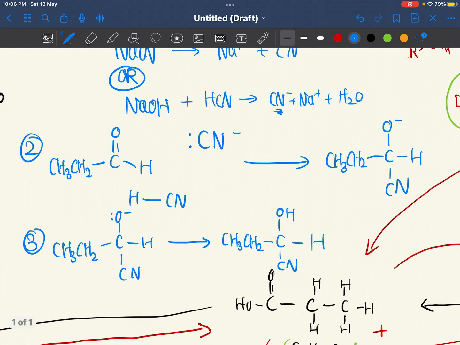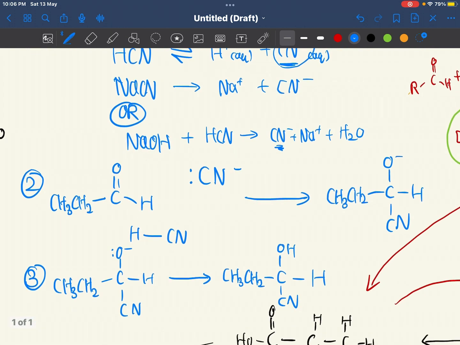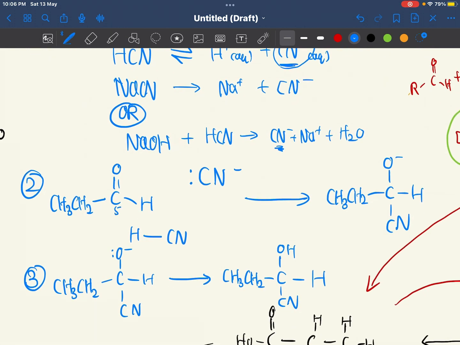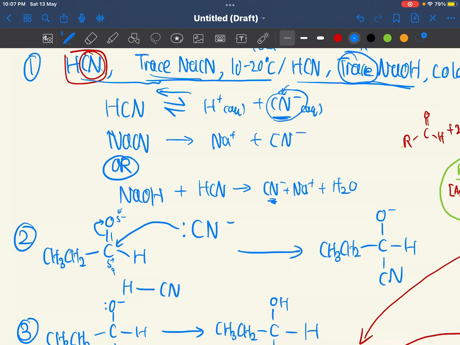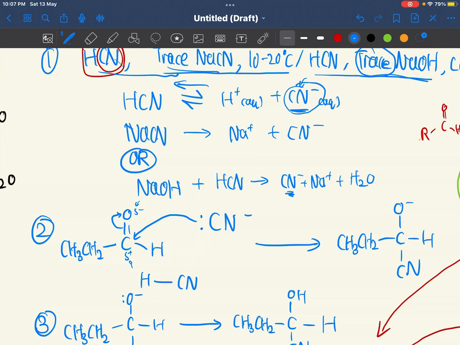Now, step 2 of our nucleophilic addition reaction is going to happen when I have my pi bond electrons break heterolytically to my more electronegative oxygen atom. Therefore, you must show our dipole charge, delta positive and delta negative. So we have our electron deficient carbon over here.